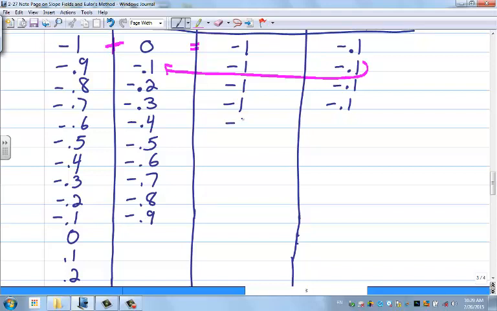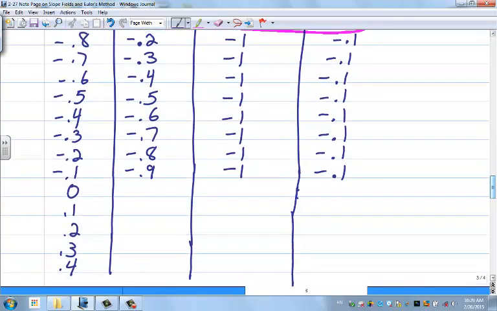All these will turn out to be -1. All these will turn out to be -0.1. But 0 makes me nervous because it doesn't behave like other numbers sometimes. So we're going to check and make sure that it still follows when we get to 0.